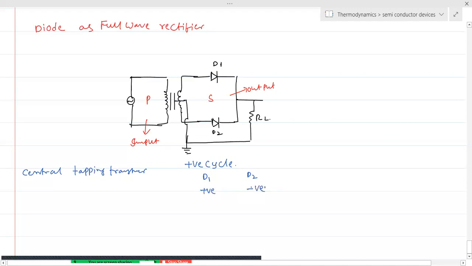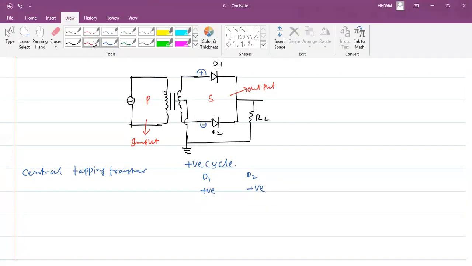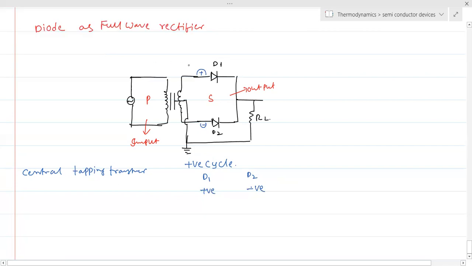That means it will split the input AC, such that for some time it provides positive potential and sometimes negative potential. As in the half wave rectifier, positive is connected to the PN junction diode, so it is in forward bias, and diode D2 will be in reverse bias.